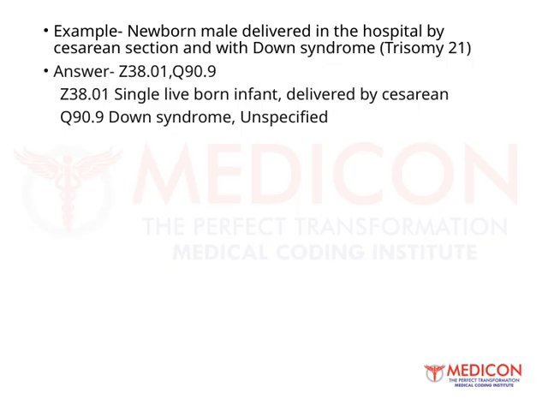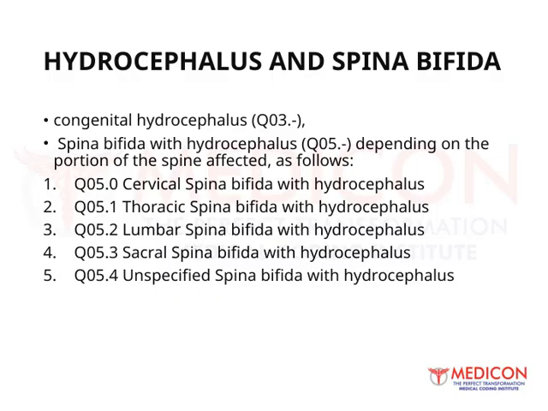This example really highlights the importance of accurately capturing both the delivery method and the specific health condition of the newborn. Proper coding like this helps ensure clear communication and proper care coordination. As we move through this presentation, keep in mind how precise coding supports better data collection and ultimately improves patient outcomes. Let's take a closer look at hydrocephalus and spina bifida, two congenital conditions that often occur together.